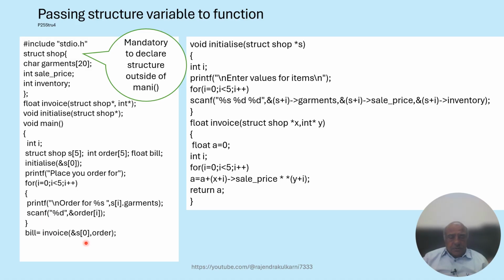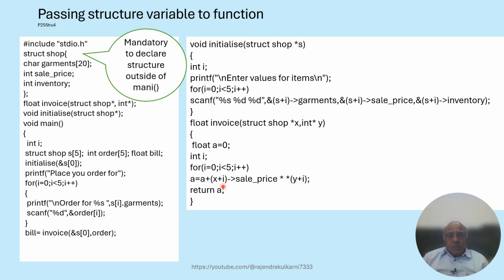&S[0] gives us the address of the 0th element of array S, which is collected by the pointer to the structure shop. The pointer name is x.